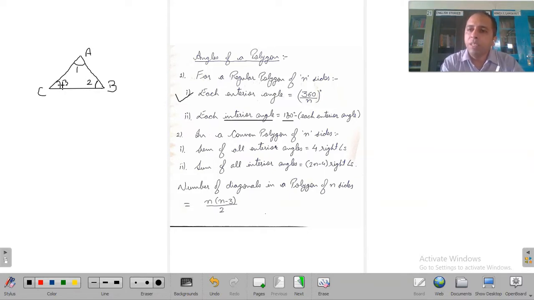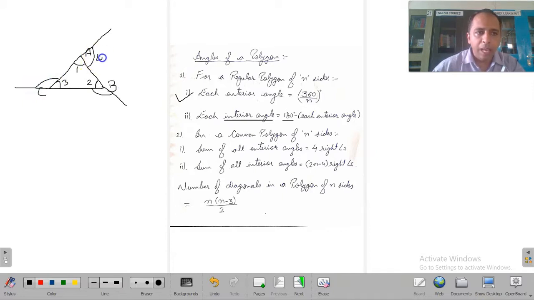Now what do we mean by exterior angle? Let's understand. If I produce this side AC like this, this side BC like this, and this side AB like this, then look at this angle, this angle, and this angle.